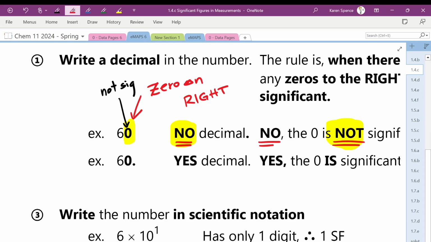There's nothing else left except the 6. So that is our uncertain digit. And in this case, we have 1 sig fig.